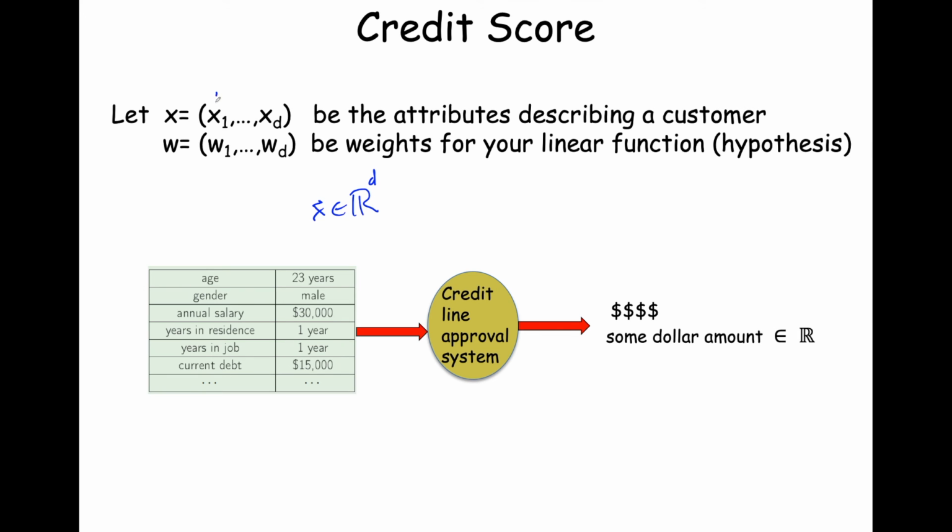Each one of these attributes is a scalar of some sort, and they have different meanings depending on the information from the loan application. And we also have our corresponding d-dimensional weight vector. So we're going to take a linear sum, w1 times x1 plus w2 times x2 up to and including wd times xd, and we're going to add all those terms together.